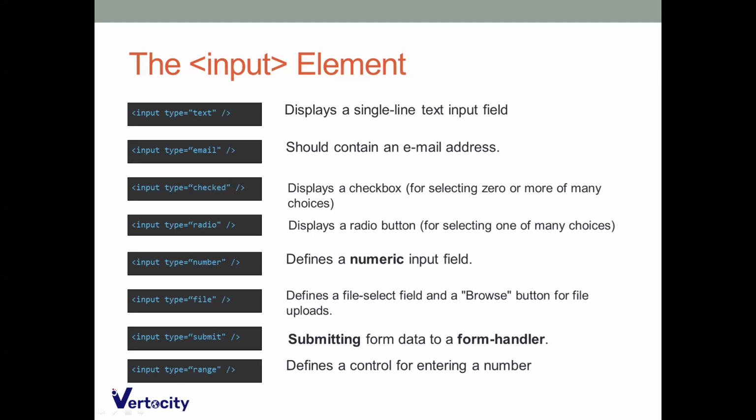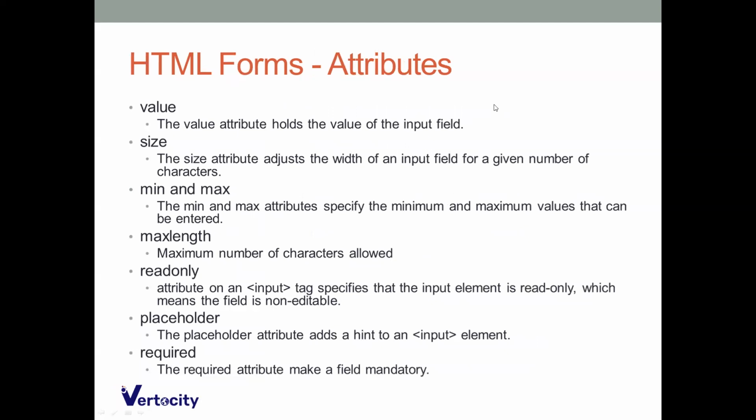For example, let's say I have to enter age, then we can go ahead and use the number field. And then we have the file field, which is used to upload a file. Also we have the submit button. And finally, we have the range attribute. These are some of the attributes for this HTML form.